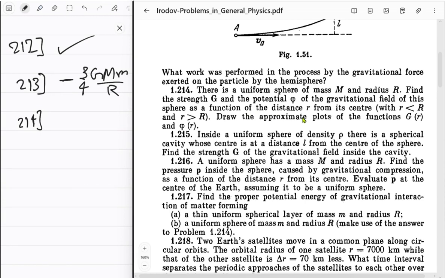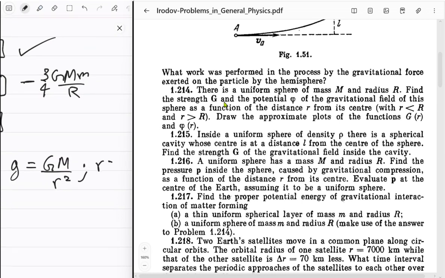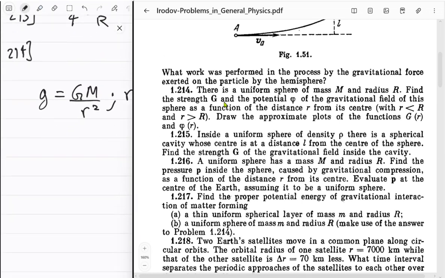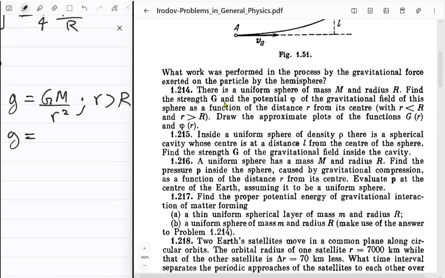So g is the strength of the field. It's small g. g is equal to GM upon r squared when r is bigger than capital R, and when r is less than R it's linearly related to r.